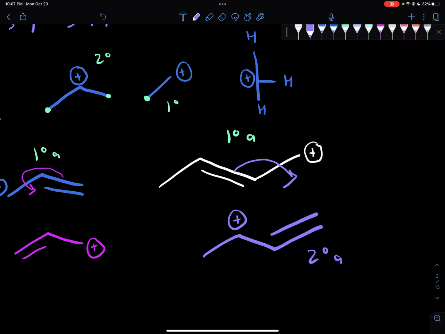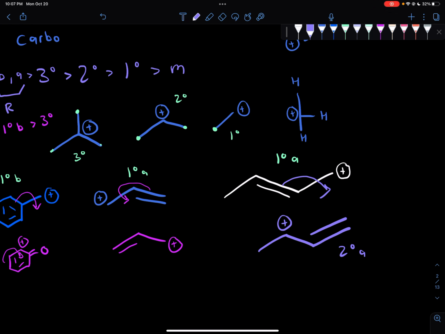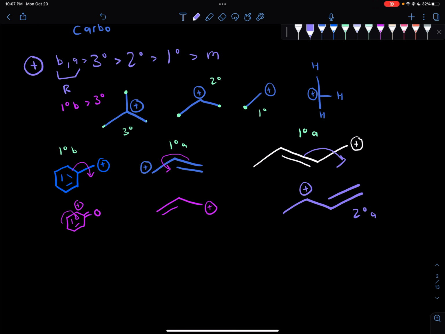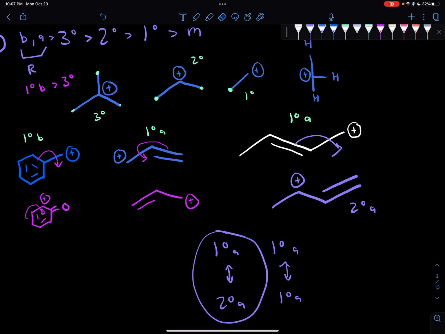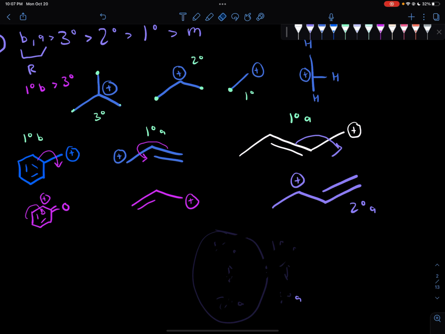So try to keep the better structure in mind, like the more substituted, because when it comes to ranking, it will help a lot. If you're comparing two of the same thing, like two primary allylics, the differentiating factor will be in their resonance structures. So if you get secondary allylic versus primary again, this one will be more stable for carbocations.